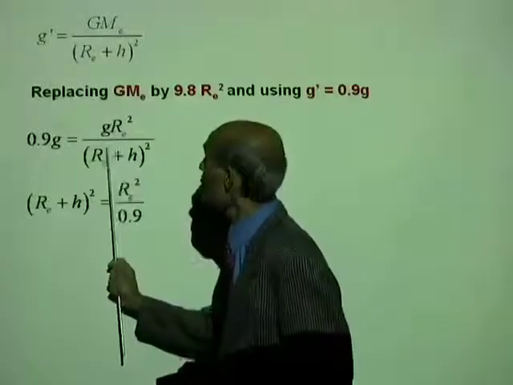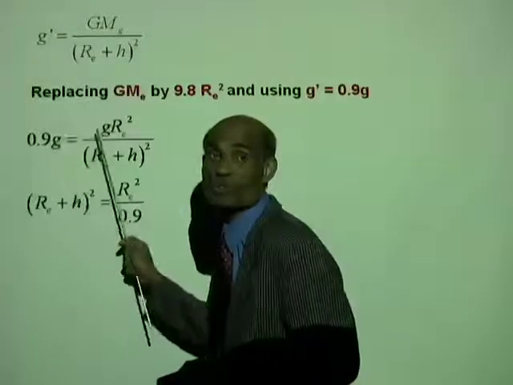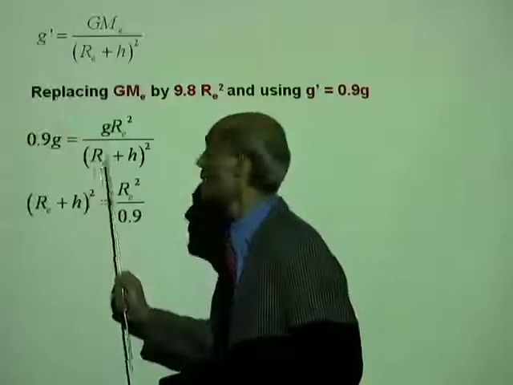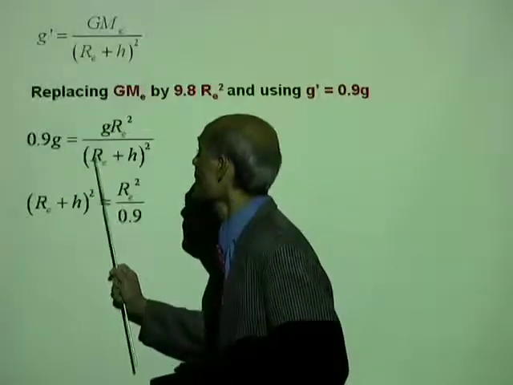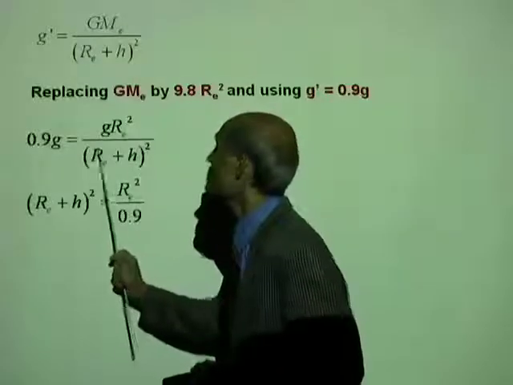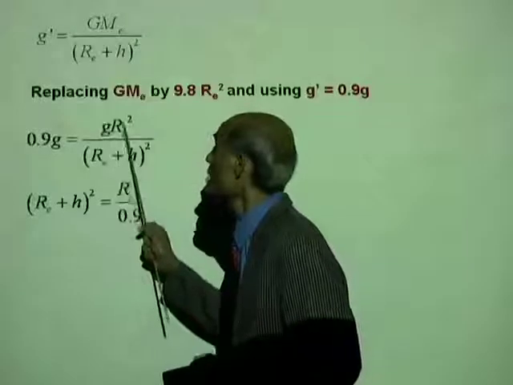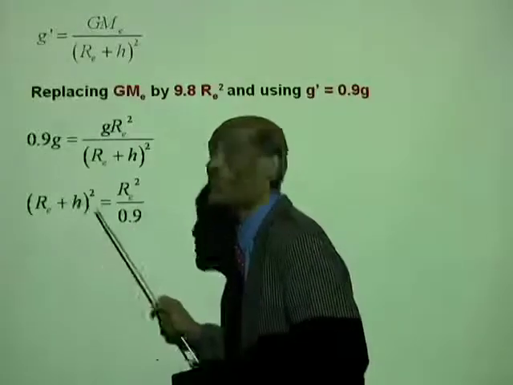Well, let's solve here. g from either side will cancel. Divide both sides by g. And then cross multiply. You have (Re plus h) all squared equal to, take this quantity, Re squared divided by 0.9.